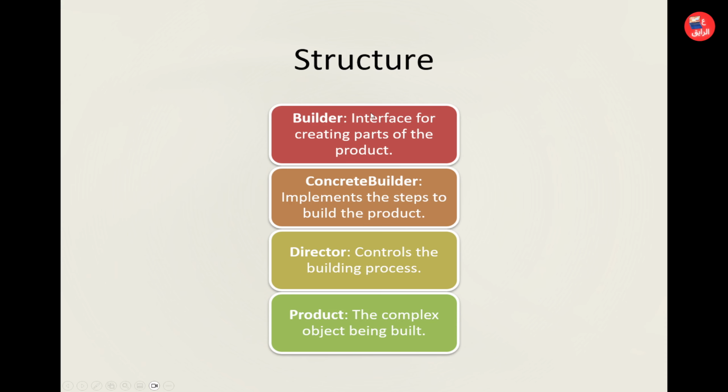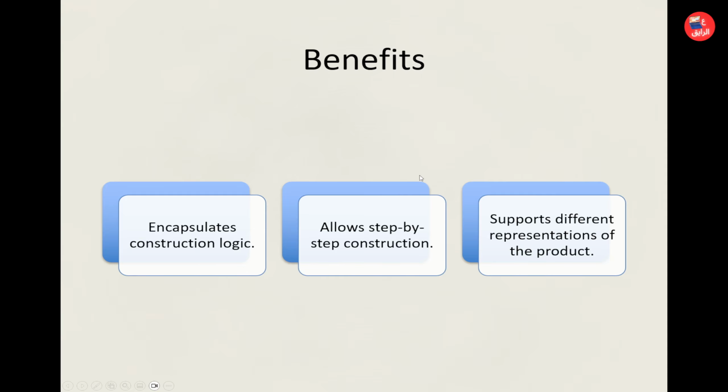The structure of builder: the builder interface for creating parts of the product, the concrete builder, which implements the steps to build the product, the director, which controls the building process, and the product, the complex object being built.